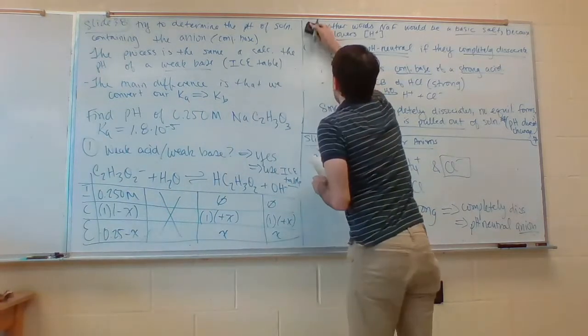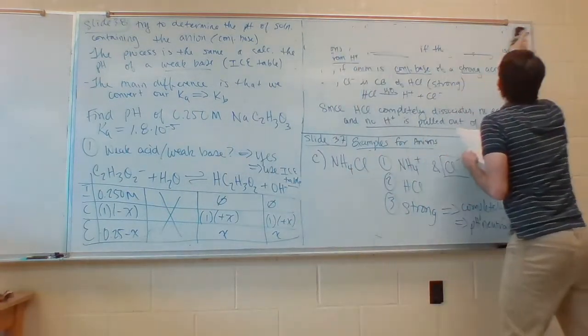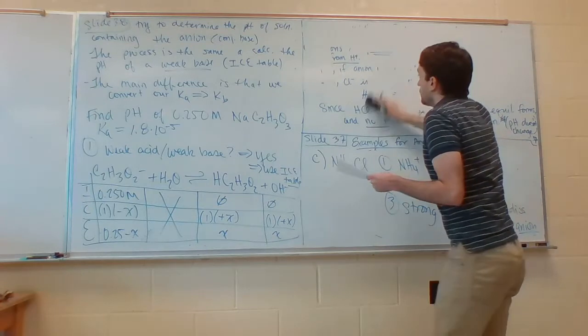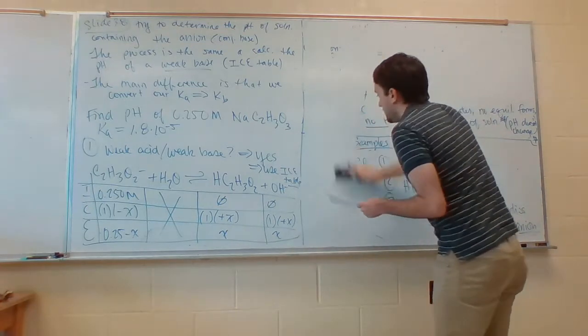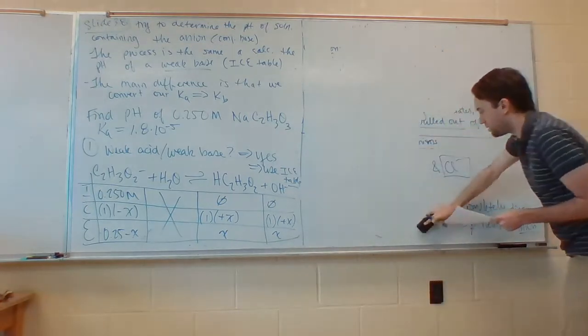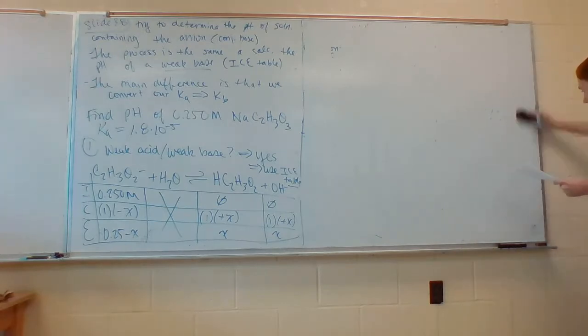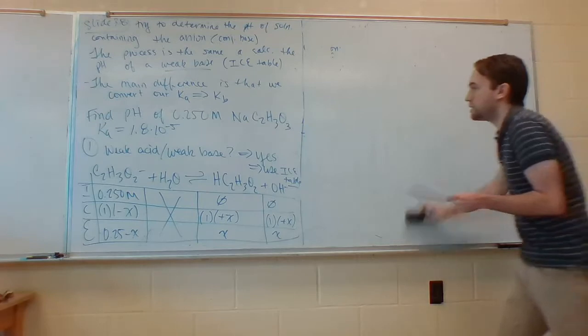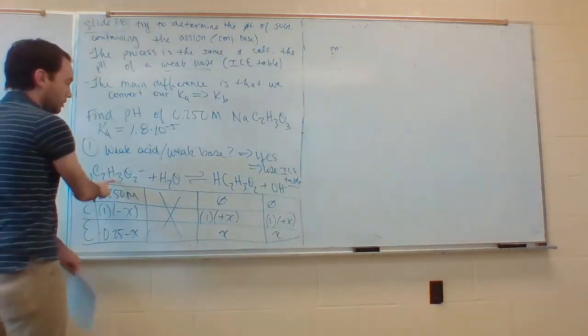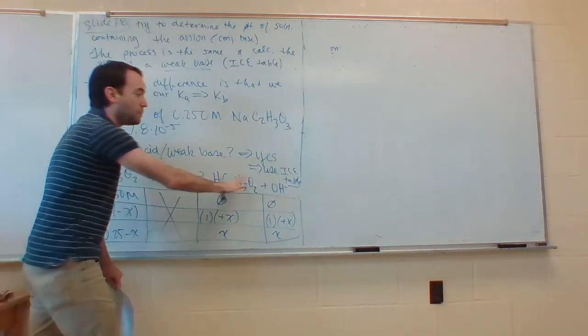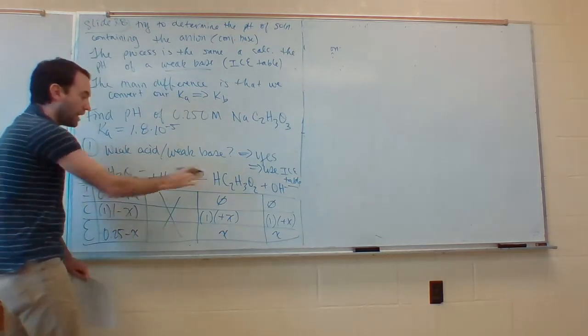Now, as I mentioned, we didn't add acetic acid. We added sodium acetate. So we're adding our conjugate base to solution. Since we're adding our conjugate base to solution, we actually need our Kb reaction, which this is our Kb reaction.